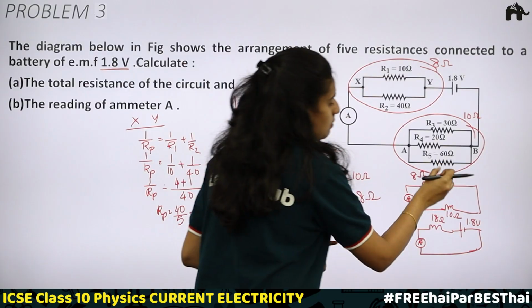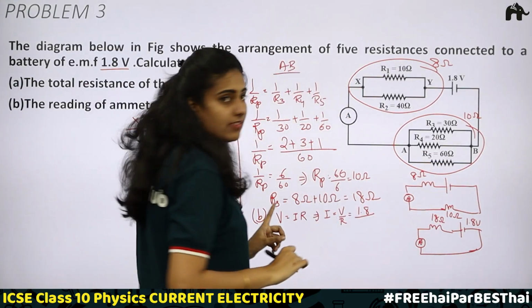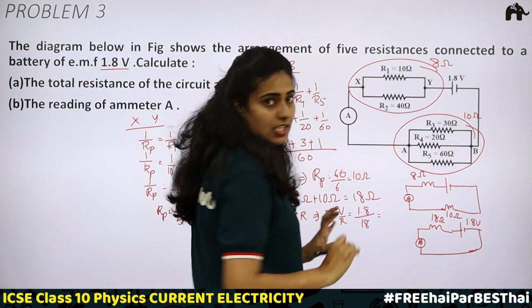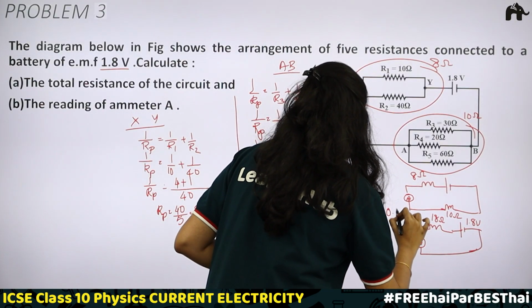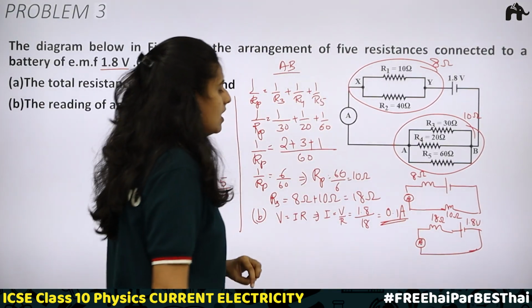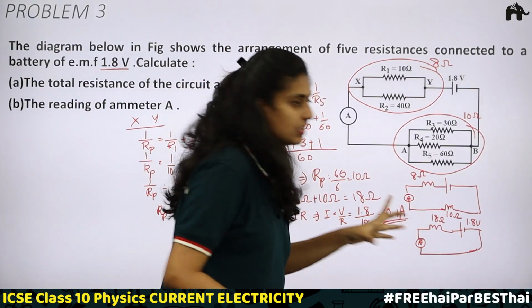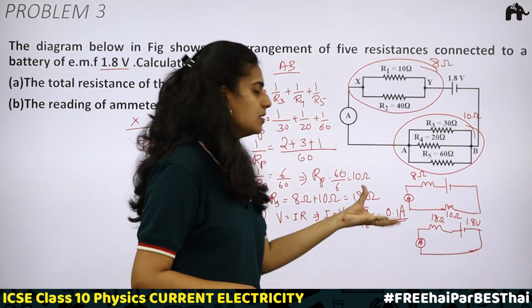V is the given EMF of the battery, which is 1.8 volt, divided by the effective resistance in series, that is 18, which is equal to 0.1 ampere. 0.1 ampere is your current, the reading shown in the ammeter. Or you can write this as 100 milliampere.